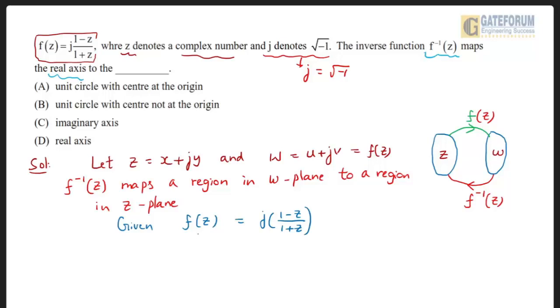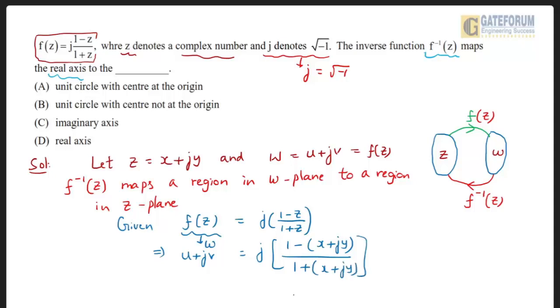F of Z is nothing but W. And what exactly is W? U plus jV. And this is j times (1 minus Z), with Z value X plus jY, divided by 1 plus Z, that is 1 plus X plus jY. Now, separate the real and imaginary parts. Here 1 minus X inside the real part, j into (1 minus X) becomes the imaginary part, j into j square minus 1.